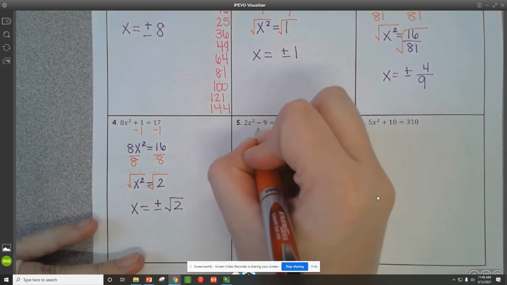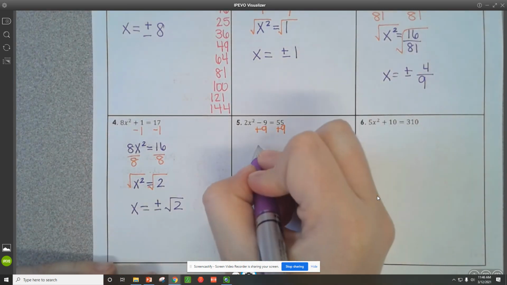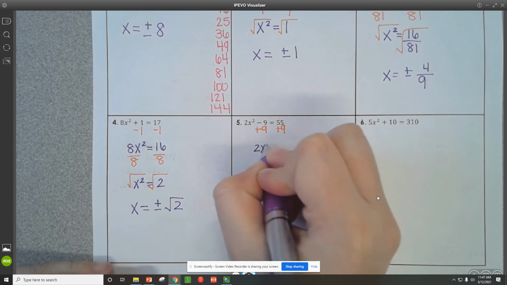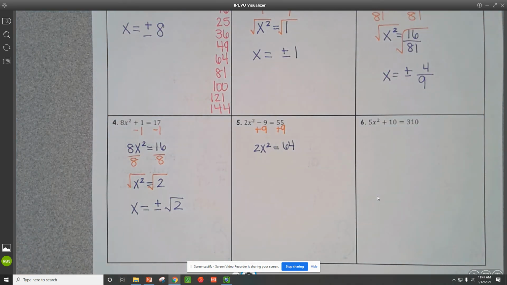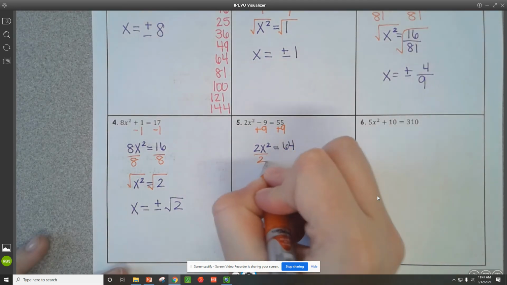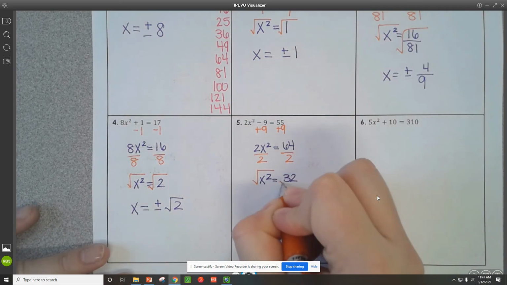Number 5, add 9 to both sides. 2x squared equals 64. And then we divide both sides by 2. x squared equals 32. Take the square root.